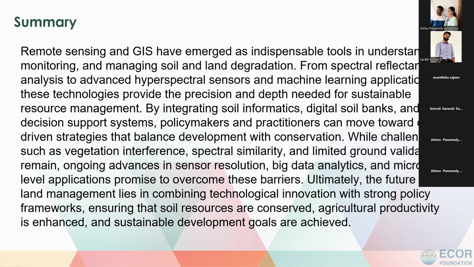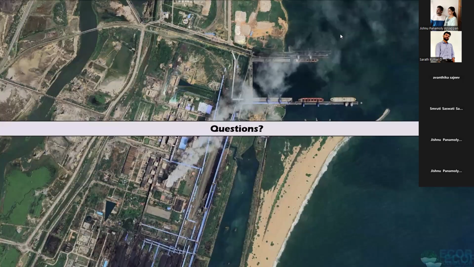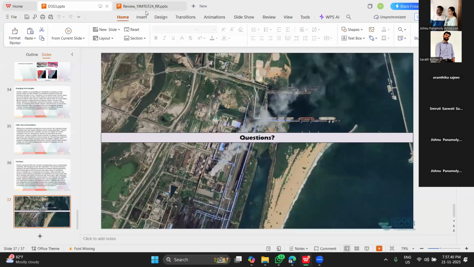As the sensor resolution improves and the computational tools advance, we are moving into a future where every field can be managed with precision and sustainability using spatial data. So I'm done with the presentation.